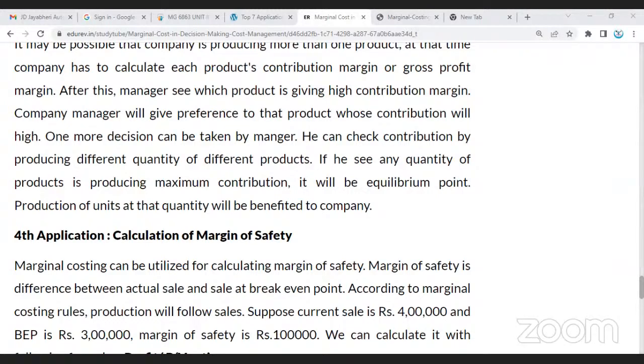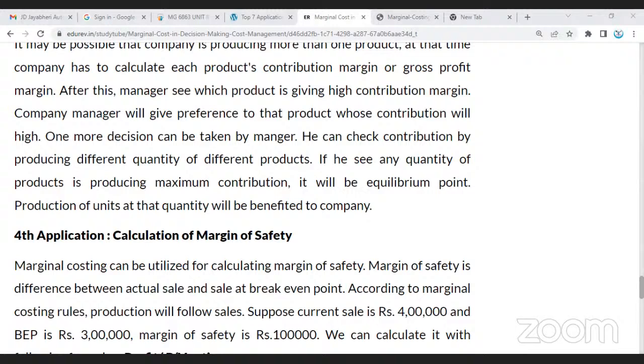Right. We'll see it statement-wise. The selling price of A product is 20 and of B product is 15. The cost: direct material 10 rupees and 9 rupees, direct wages 3 rupees and 2 rupees, variable expenses 3 rupees and 2 rupees. The total expenses are 16 rupees for A product and 13 rupees for B product.